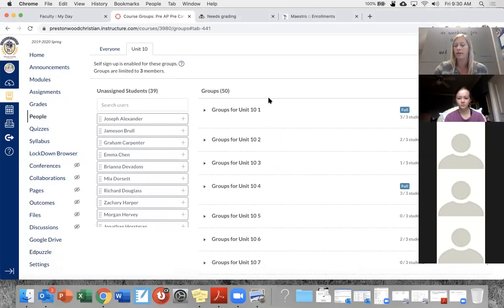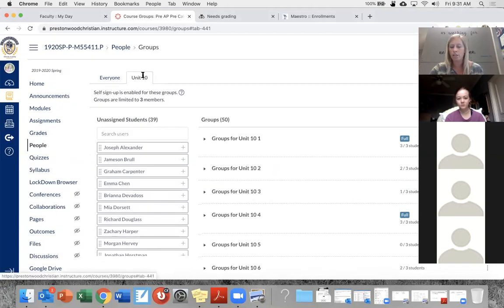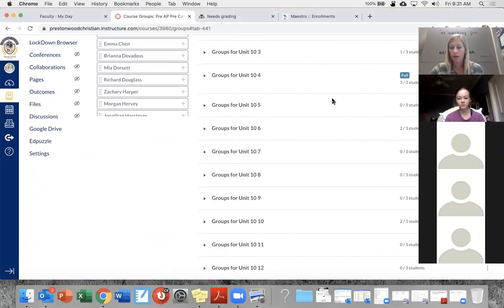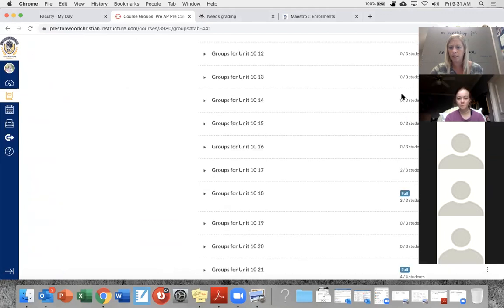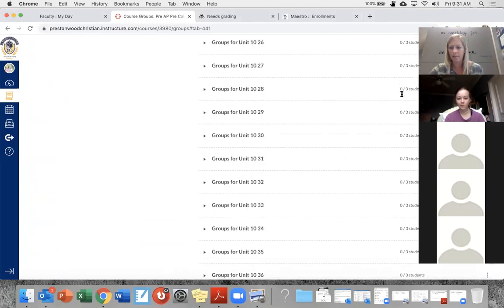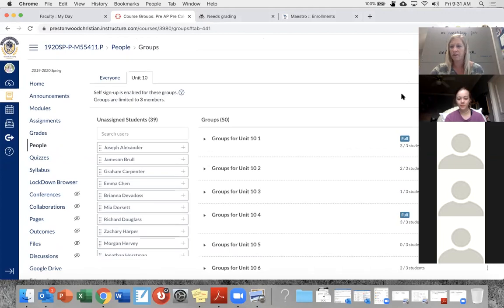It allows you to submit as a group, so that I don't expect something from you. This is where, under People, there's a unit 10 groups thing. This is seniors, you don't have to do this, so don't worry about it. You can sign up for whichever group you want. I have some that are 1 person, 2 people, 3 people, etc. So I have that all set up so that you can sign up wherever you want.